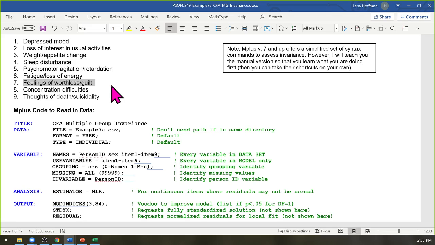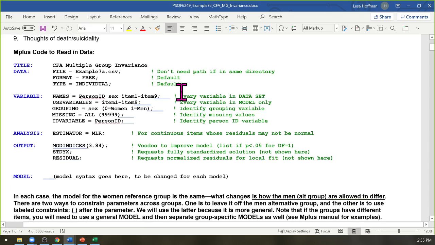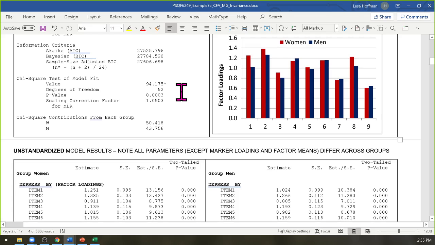Even if I have to cite Psychology Today and Oprah, I will find some references. So if I can make an explanation as to why these things are non-invariant, but that's not such a bad thing, that can soften the blow. So yes, women are more likely to feel worthless at the same level of depression. That's what we just found.